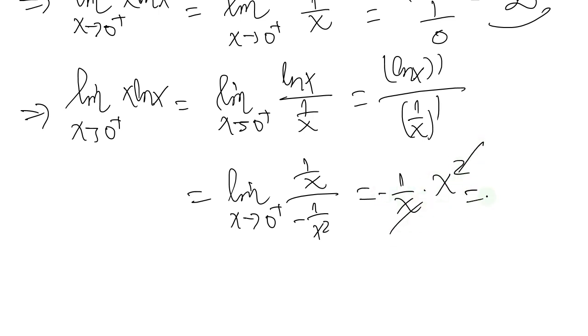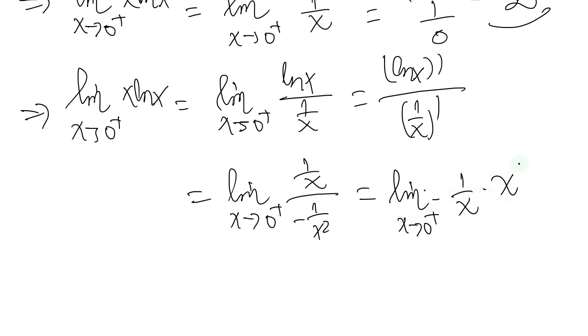So this goes with this, and sorry, this is not appropriate to do, right, because we are solving a limit here. So this is gonna be the limit as x goes to 0 plus of 1 over x, negative, times x squared, and then this one goes with this, and then we have the limit as x goes to 0 plus, and then we can put this negative here if we want.